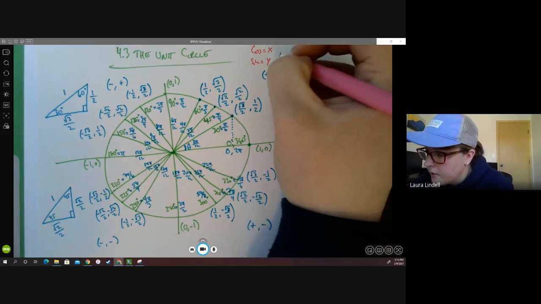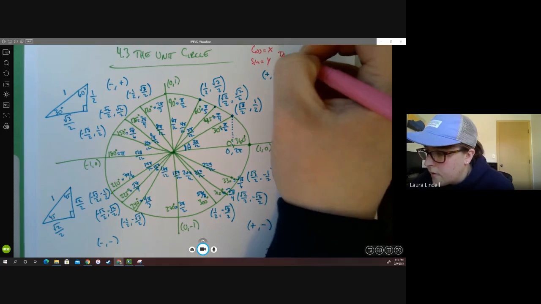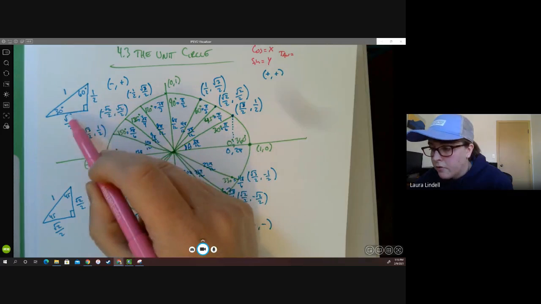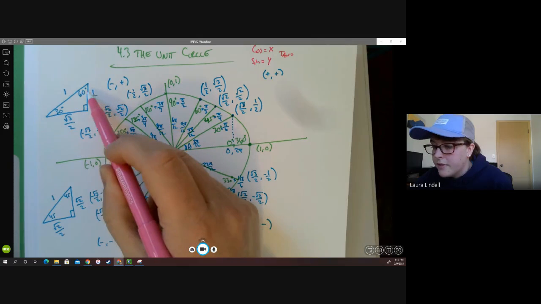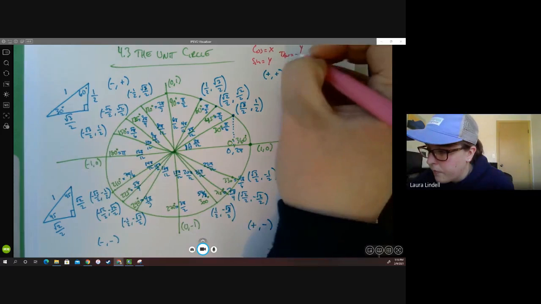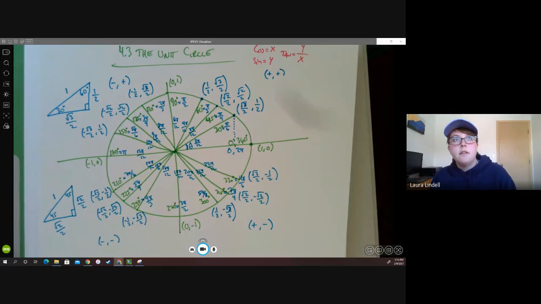So tangent being opposite over adjacent here, 1/2 over root 3 over 2, that's just the y value divided by the x value. So cosine is x, sine is y, tangent is y over x.